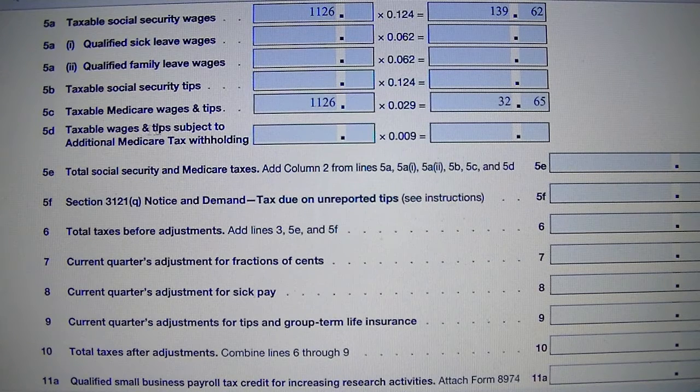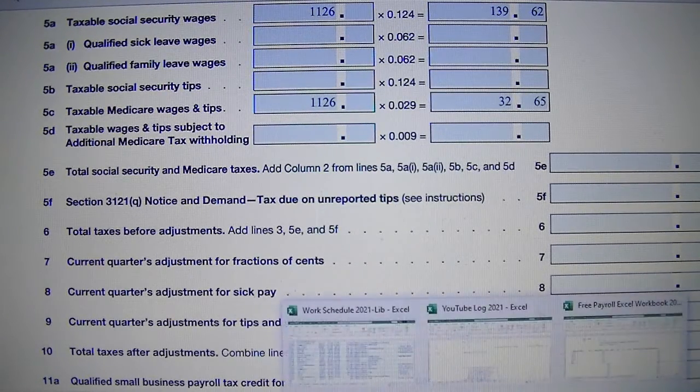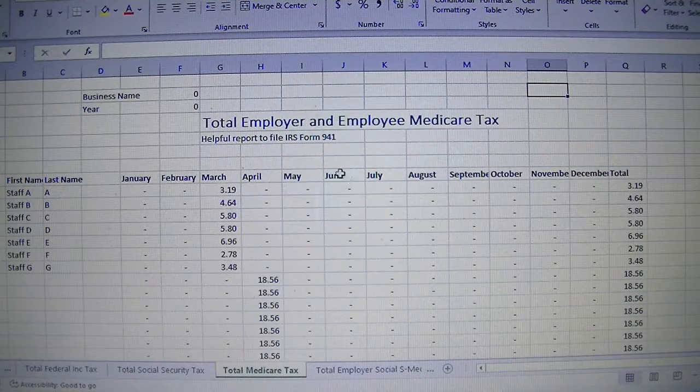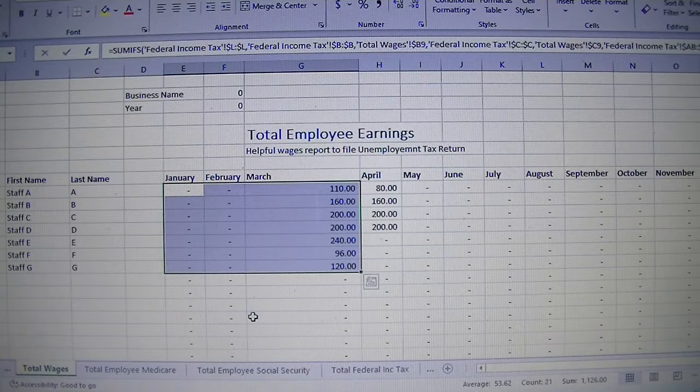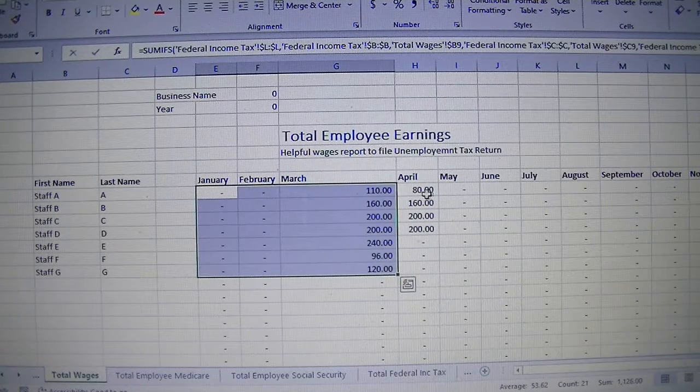5d, taxable wages and tips subject to additional Medicare tax withholding. And it is 0.009. If an employee's salary is over $200,000, that employee will pay an extra tax on his or her wages, so you will track your payrolls. You are tracking total wages by staff and by period, by month.